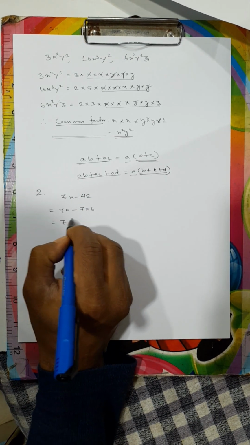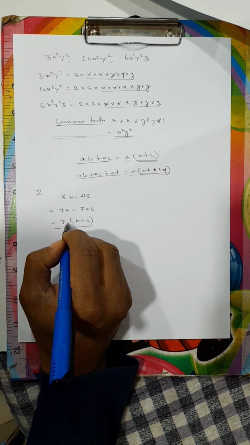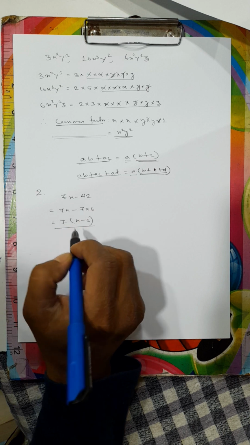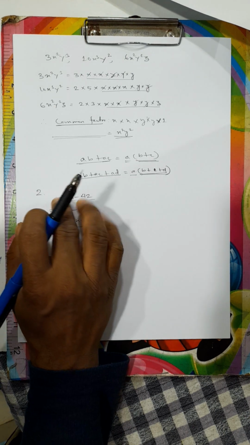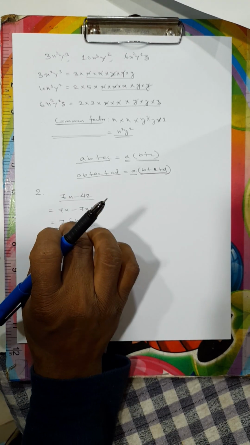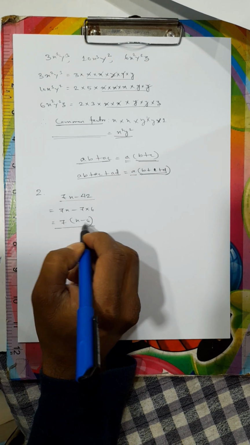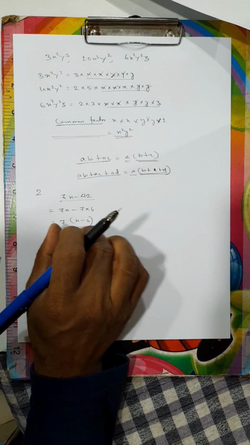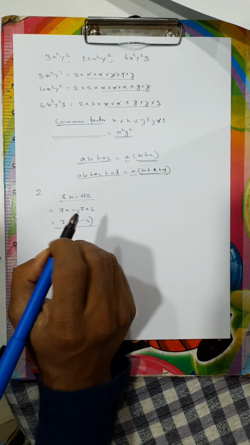So 7 multiplied by x minus 6. This is the factor form of 7x minus 42. Right? This was the difference between two terms. We express it as the product of two terms. The first term is 7, the second term is x minus 6. So it's a product of two terms. So it is called the factorization of 7x minus 42.